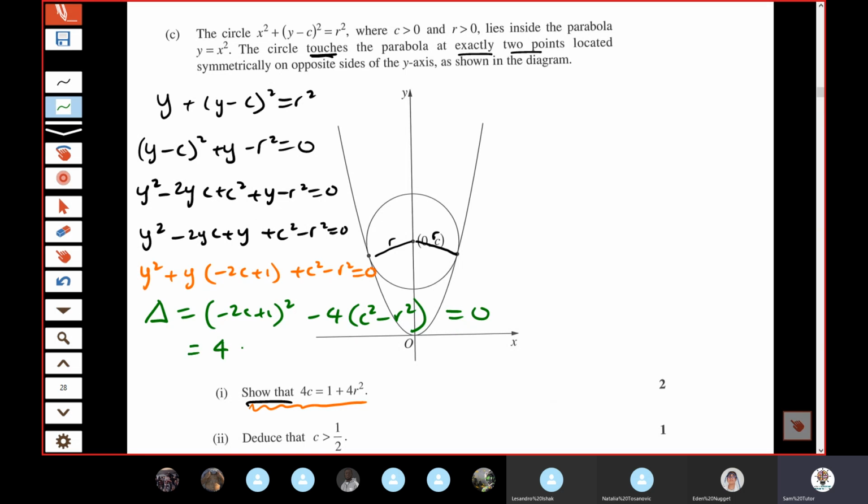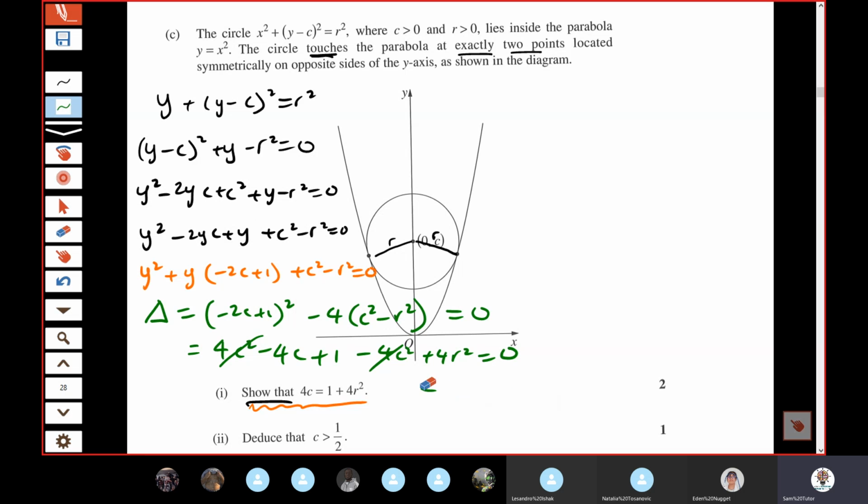expand: 4c squared minus 4c plus 1 minus 4c squared plus 4r squared equals 0. 4c squared cancels. I did it, didn't I? Minus 4c.